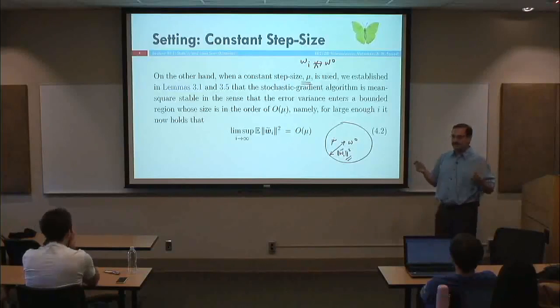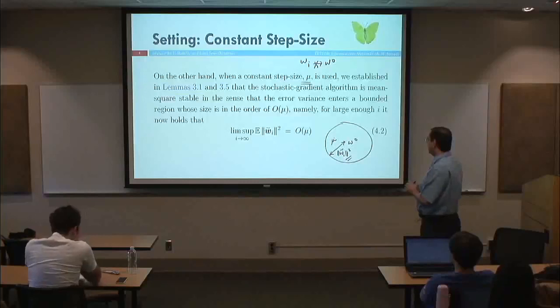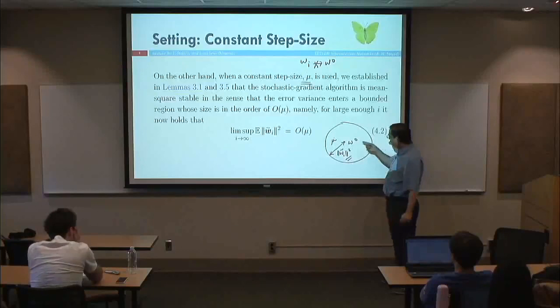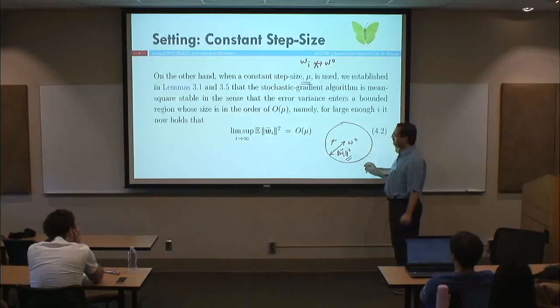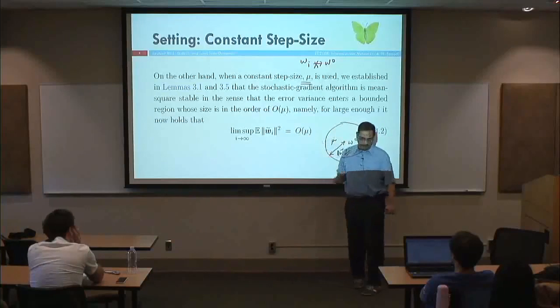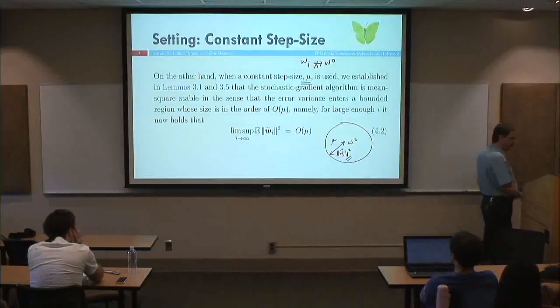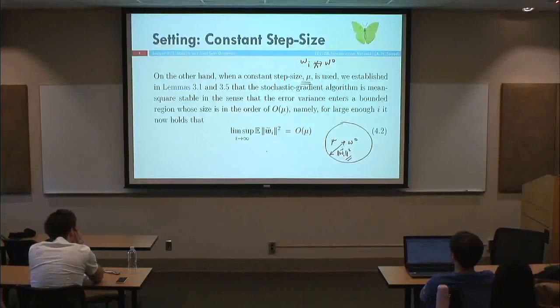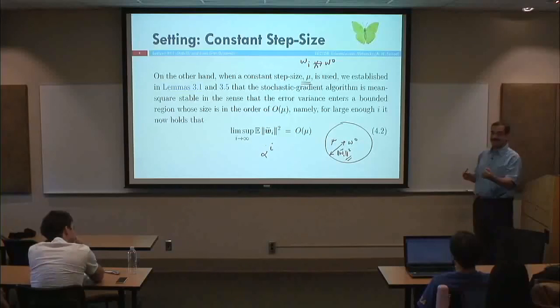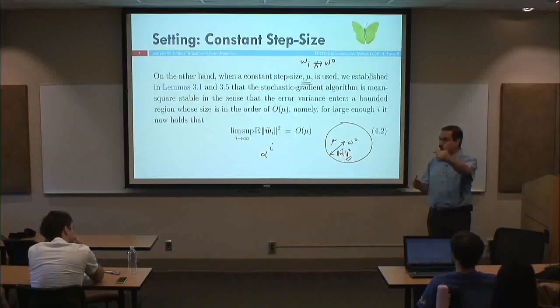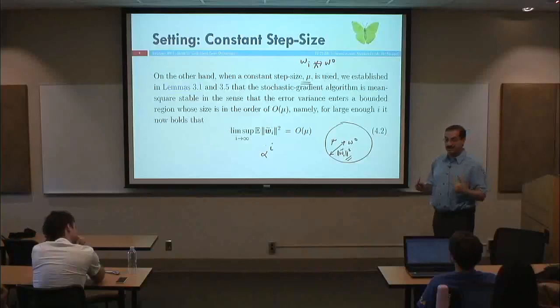That's intuitively what this result is saying. So we were able to show that while you do not converge exactly to w0, you converge close enough in the sense that the mean square error is of the order of mu. And more importantly, we show that this convergence occurs at an exponential rate, alpha to the i, for some number alpha that's strictly less than 1. So this is faster convergence, much faster than 1 over i.